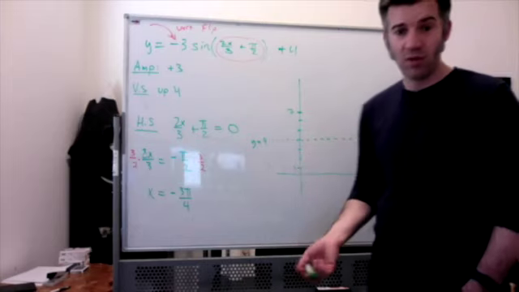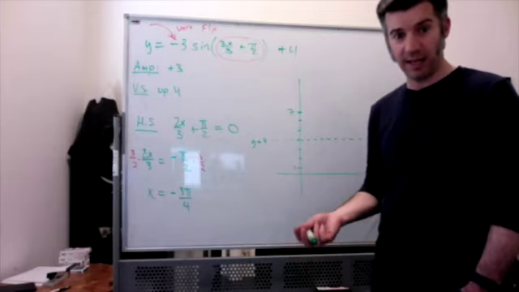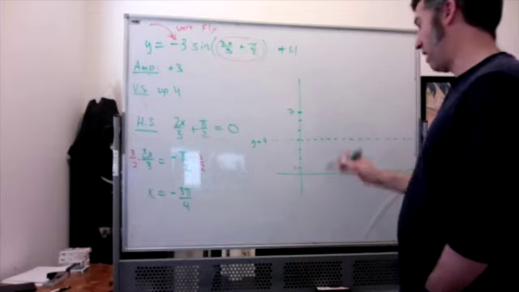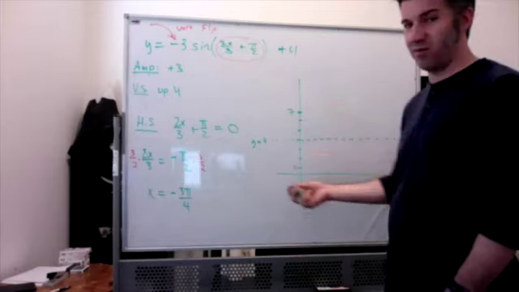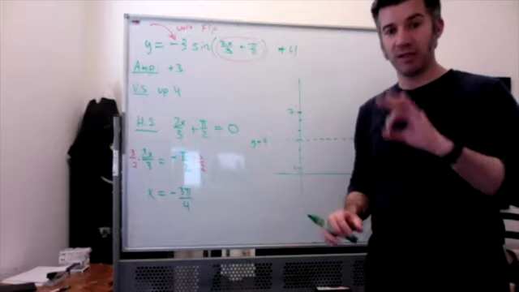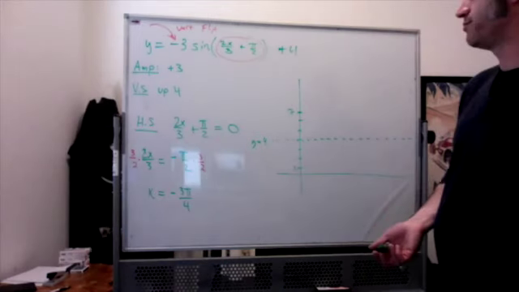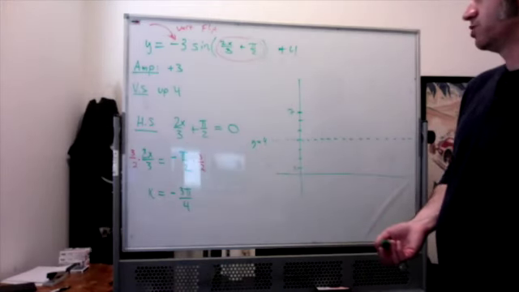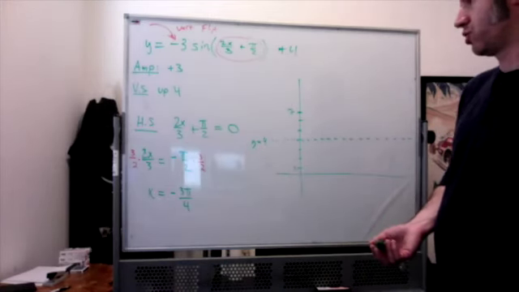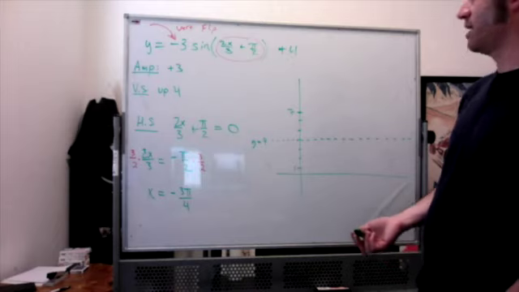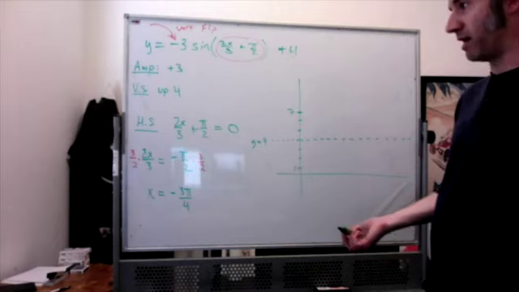So those are the only y values I'm really going to hit when I graph this. I'm going to have y values at 4, at 7, and at 1. And really, I'm not going to explicitly find points that are at any other y values. Yeah, so I guess we should start finding the important x values.